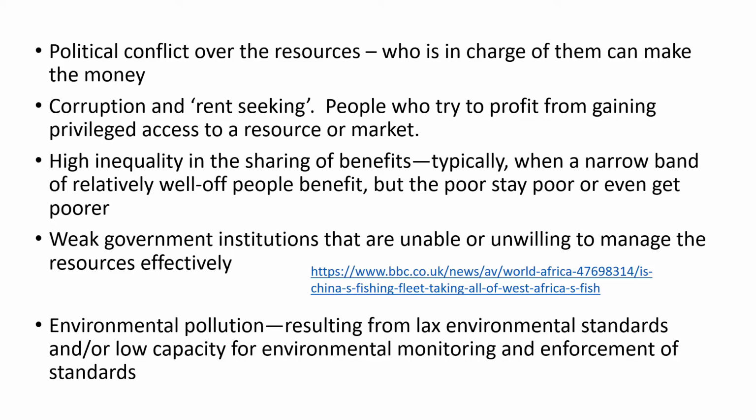The natural resource curse, I'm reading from page 17, is a phenomenon where natural resource endowed countries experience worse economic and political outcomes than countries with no natural resources, which is the complete opposite, let's be honest, of what you would expect. And the bullet points on page 17 explain why that is. You don't need to remember all of them, you just need to know what the resource curse is and be able to explain it in your own words.